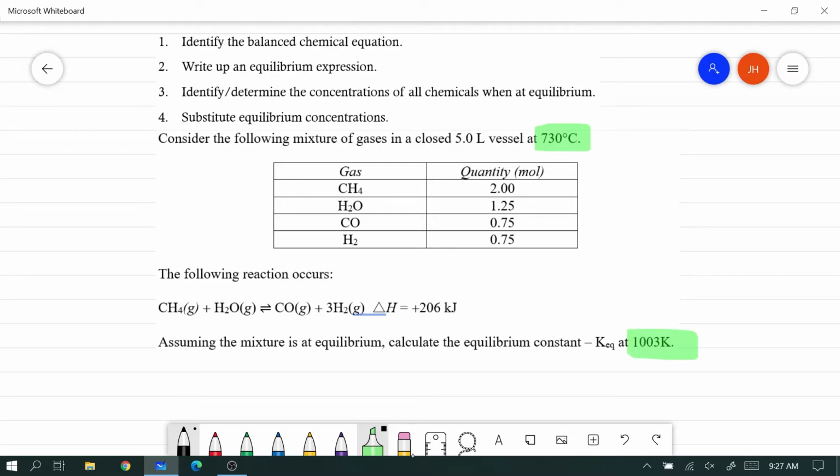First off, I just want to highlight that temperatures have been quoted a couple of times in this question. I will talk about this in a little bit more detail in the next video, but we already know that Le Chatelier's principle says that if there is a temperature change, you're going to end up changing the concentrations of your products and reactants. So you'll see a lot of the time that within these questions where we're calculating Keq, the question will tell you that the temperature is exactly the same and the temperature is constant.